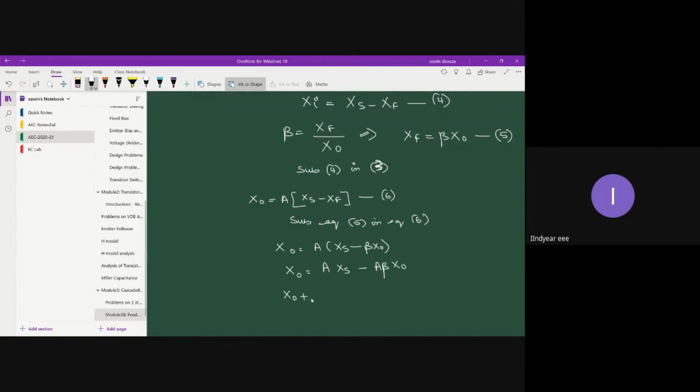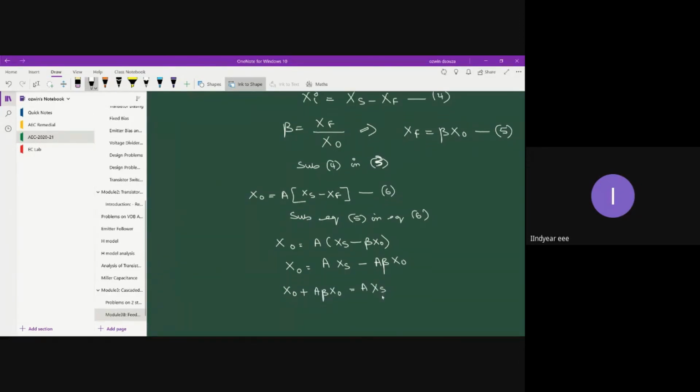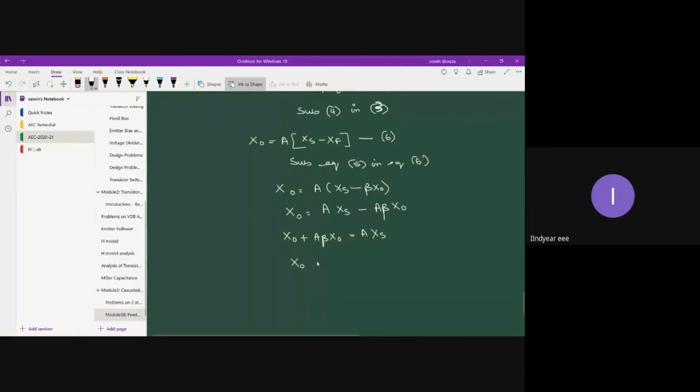So x0 plus A beta times x0 is equal to A times xs. Keep x0 outside the bracket, so you would get x0 times (1 plus A beta) is equal to A into xs, or you take out the ratio x0 by xs.